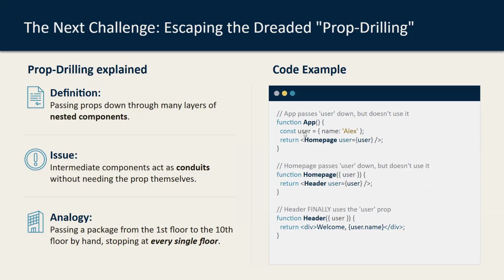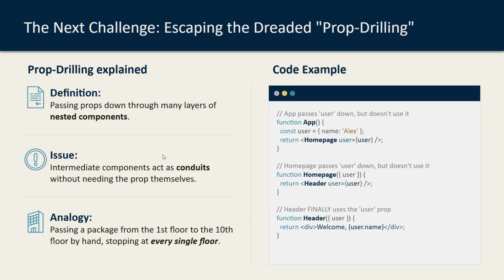Prop drilling means that sometimes props have to be passed down through many layers of nested components. The issue is that intermediate components often don't need the props themselves. They're just acting as conduits, forwarding the values downward, which makes the component tree harder to maintain, because components become coupled to data that they do not actually use.